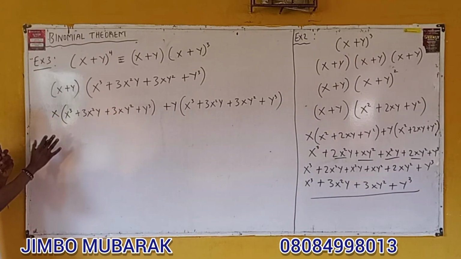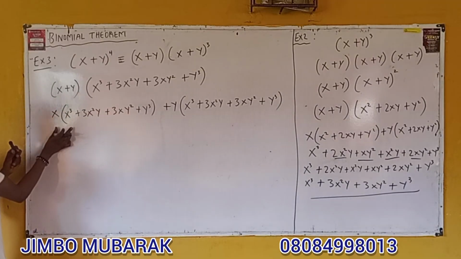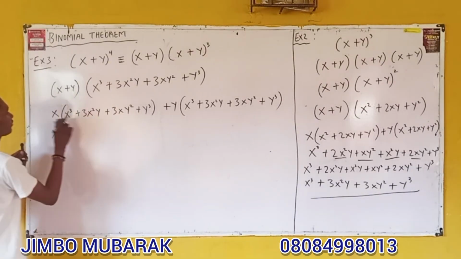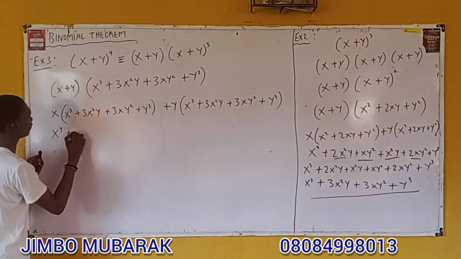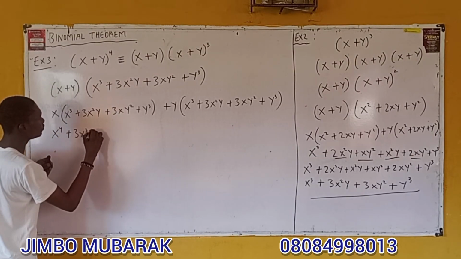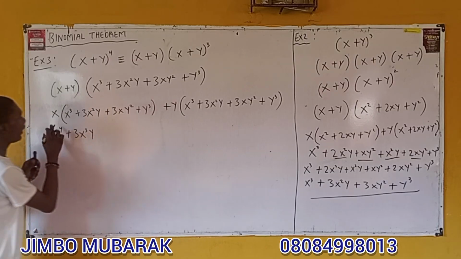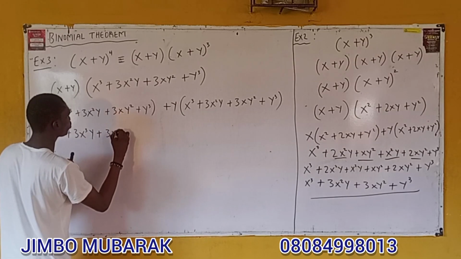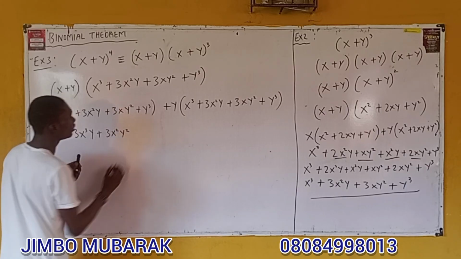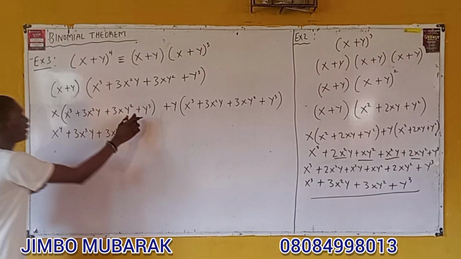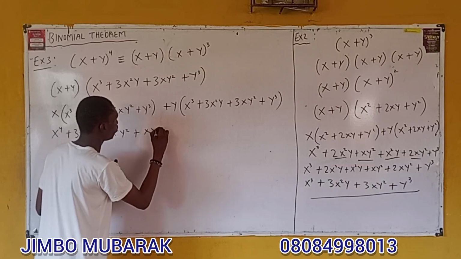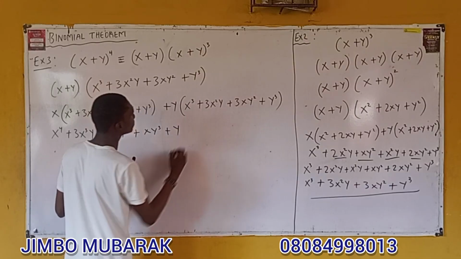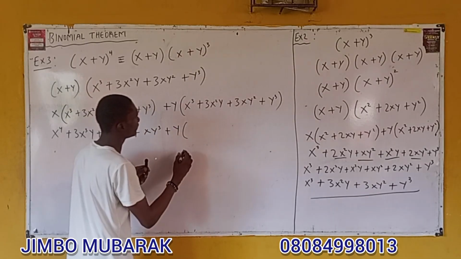Okay. So now we can expand. That will be x times x cube is what? x raised to the power 4. x times 3x square y will be what? Plus 3x cube y. x multiplied by this will be what? Plus 3x square y square. Are we there? x multiplied by y cube will give us what? xy cube. Then do for this one also, plus y in bracket.